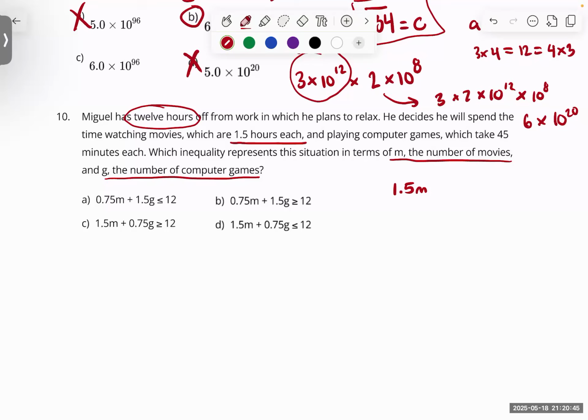Well, A and B don't make sense because we see 1.5 times G, but G represents the computer games, which take 45 minutes each. And the reason it says 0.75 is because 45 minutes out of 60 represents the decimal 0.75.